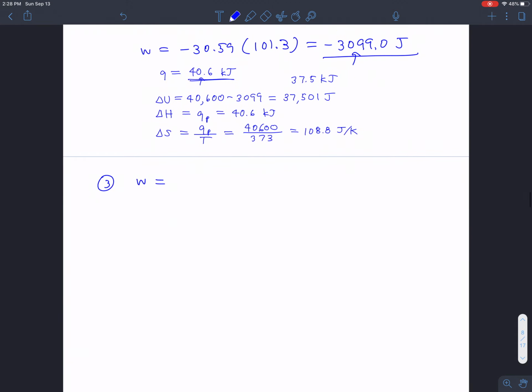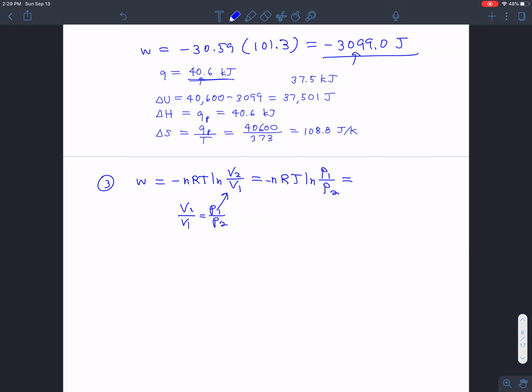We're going to treat it as an ideal gas. So minus nRT log V2 over V1. We could calculate the volumes, but we know the pressures already. It's easier to work with those. And we know that if the temperature is not changing, then V2 over V1 is equal to P1 over P2. So this is the same thing as minus nRT log P1 over P2.